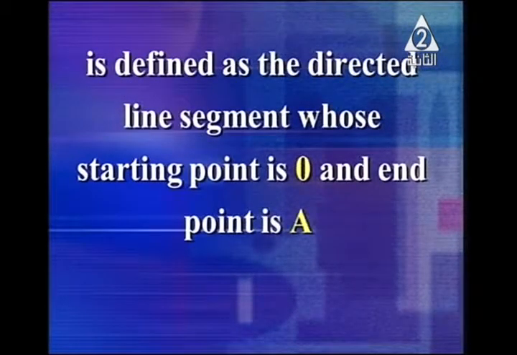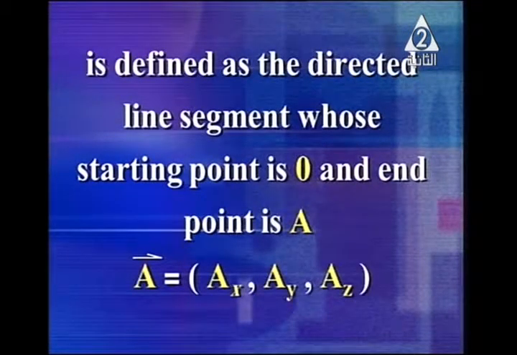The position vector is defined as the directed line segment whose starting point is point O and end point is point A.